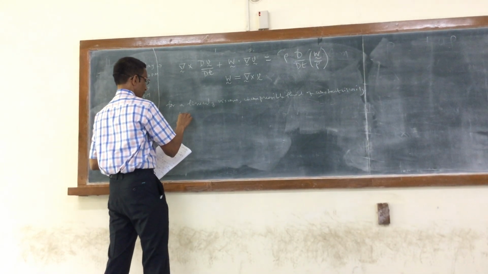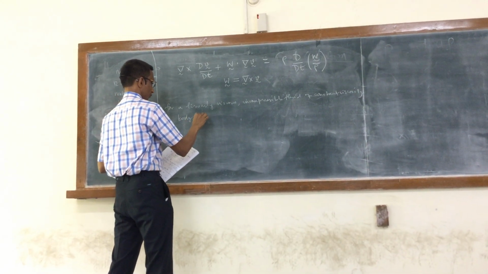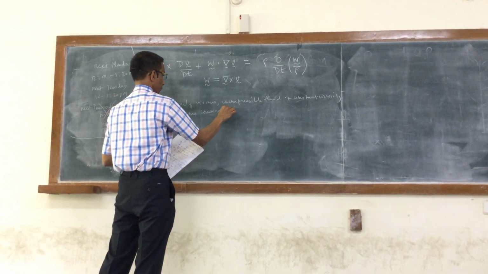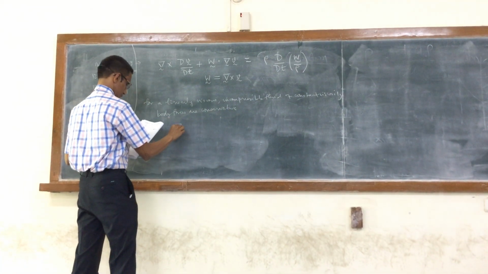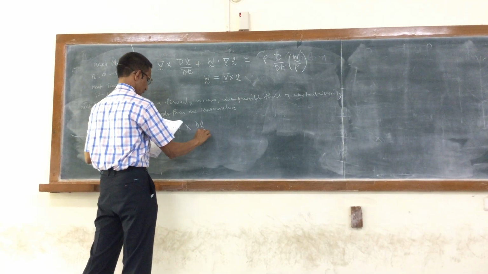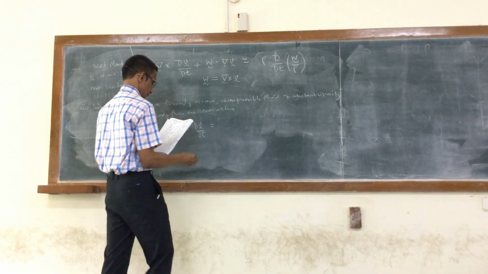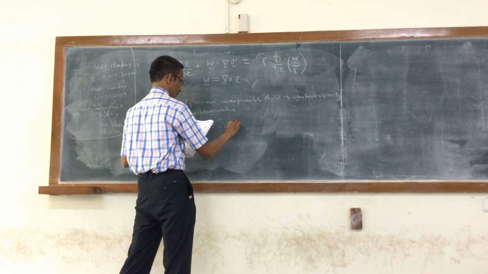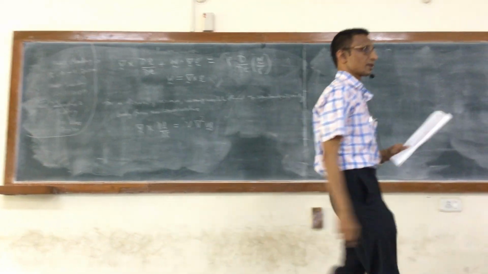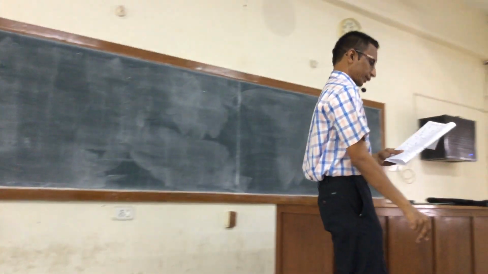further, if the body forces are conservative, we got to the important relation that the curl of the acceleration in such a case is actually the kinematic viscosity times the Laplacian of the vorticity vector.